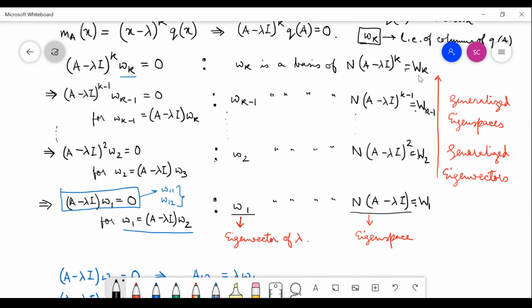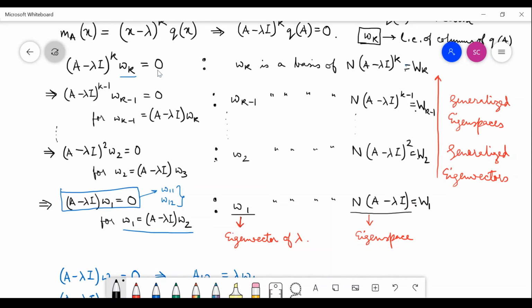Why am I saying this? Suppose you put omega k minus 1 in place of omega k. What are you getting? Put omega k minus 1 equal to A minus lambda I times omega k. You will get A minus lambda I to the power of k times omega k.